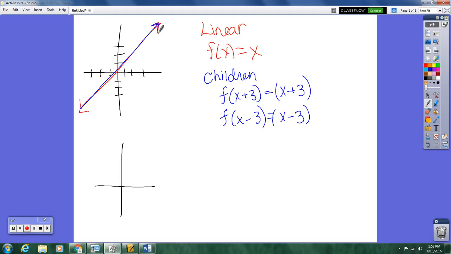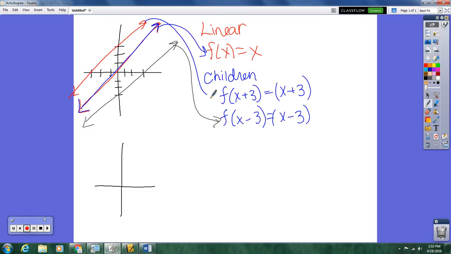So the blue was the parent function, and then the red one is the next one, and I'll just have to use gray for the other. Now where's the x minus 3? That one goes there. The f of x is our parent. And then the red's that one.